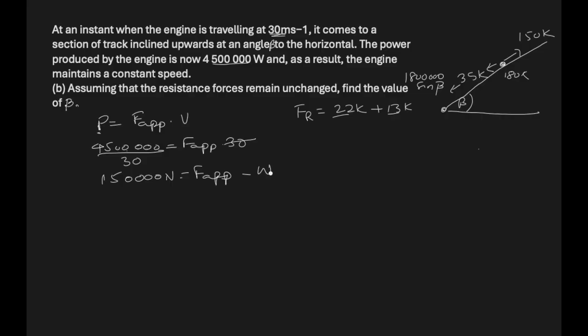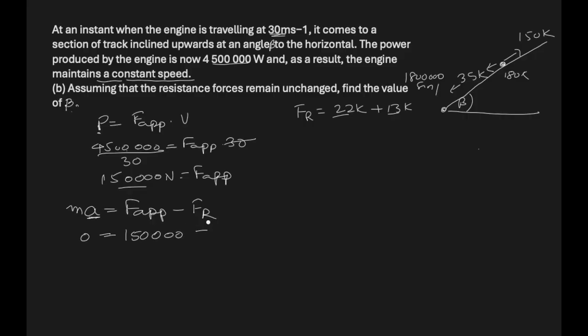So I can use them here. Okay, it's already given here. So what are they saying? Find the value of beta. So we know that MA again equals applied force minus resistive force. Since they said it maintains a constant speed, that means this 30 meters per second stays, acceleration becomes 0. So MA will become 0. Applied force we got is 150,000 newtons.